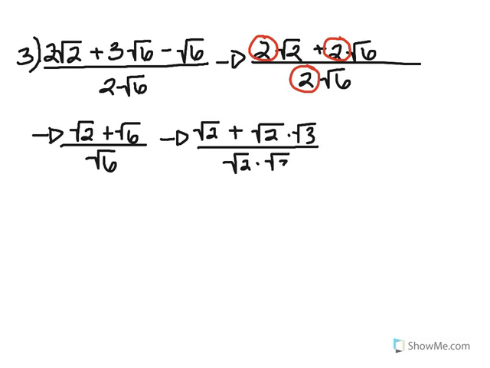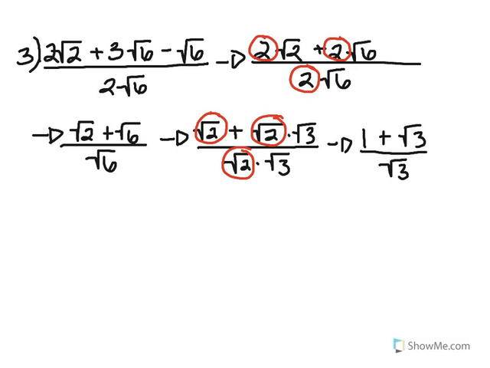Now, just like what I stated before, if there's something in common between every single term, they can cancel. So the reason why I did this is because I have a square root of 2 here, here, and here, and that means they all cancel. So this first square root of 2, when I divide it by the square root of 2, becomes 1. It doesn't go away entirely, it becomes 1, plus the square root of 3 all over the square root of 3.